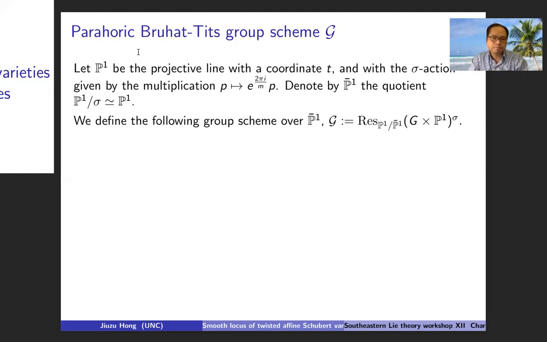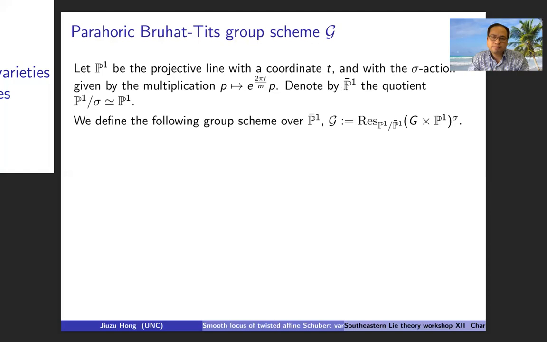Okay, now first let me introduce this global object called the Bruhat-Tits group scheme. It will be defined either over P1 or A1. Let me first start with P1. Let P1 be the projective line with coordinate T. I would like to introduce a sigma action on this projective line, mapping T to zeta T, multiplied by a primitive root of unity as usual.